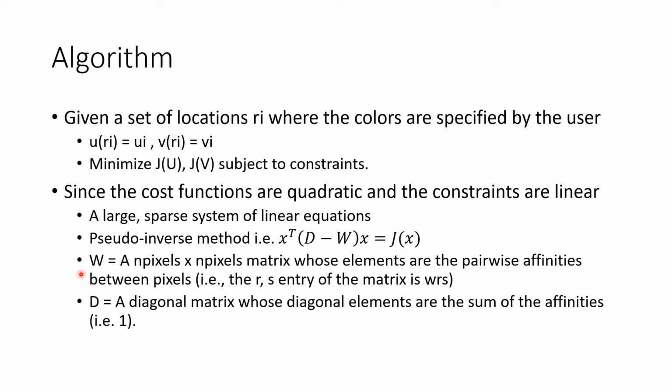So the equation boils down to a very simple problem: we have to find the solution of the linear equations using this sparse system. In this paper they have used a MATLAB solver, which can solve sparse linear equation problems.